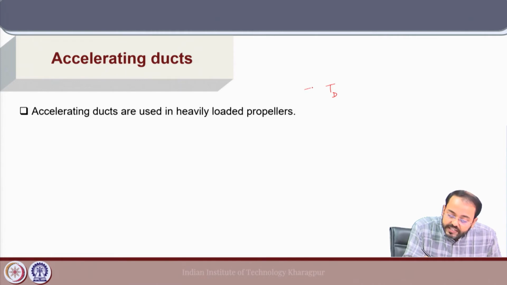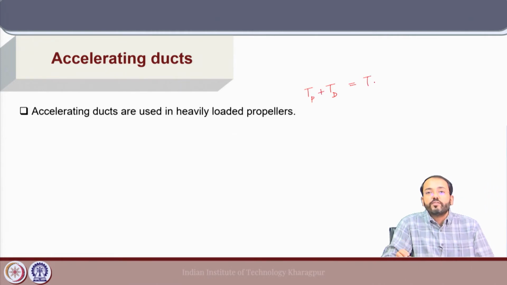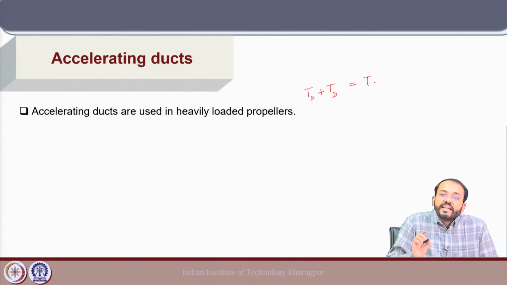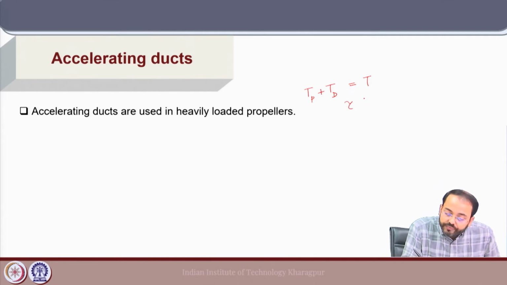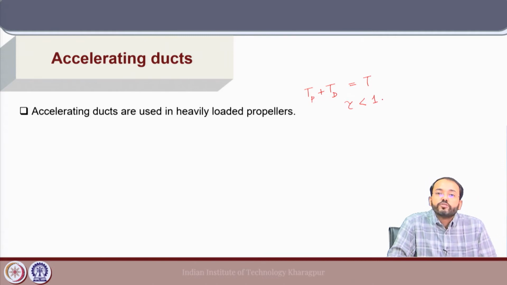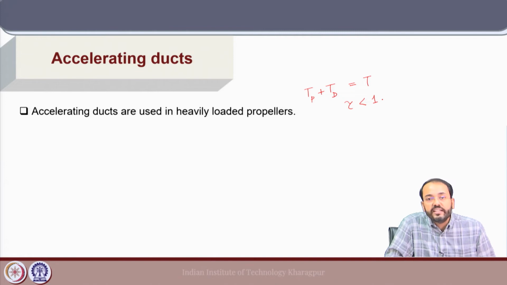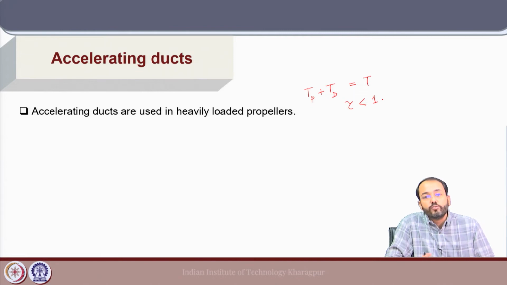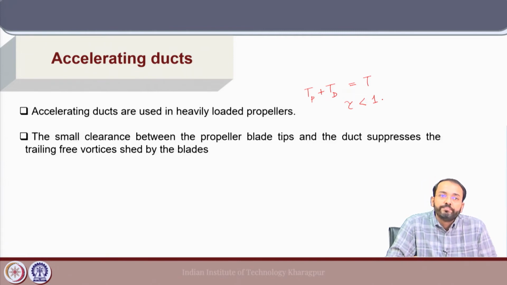We have Tp plus Td equal to the total thrust, and the value of tau is less than 1, as the duct thrust is also important in providing the forward thrust of the total duct plus propeller system.